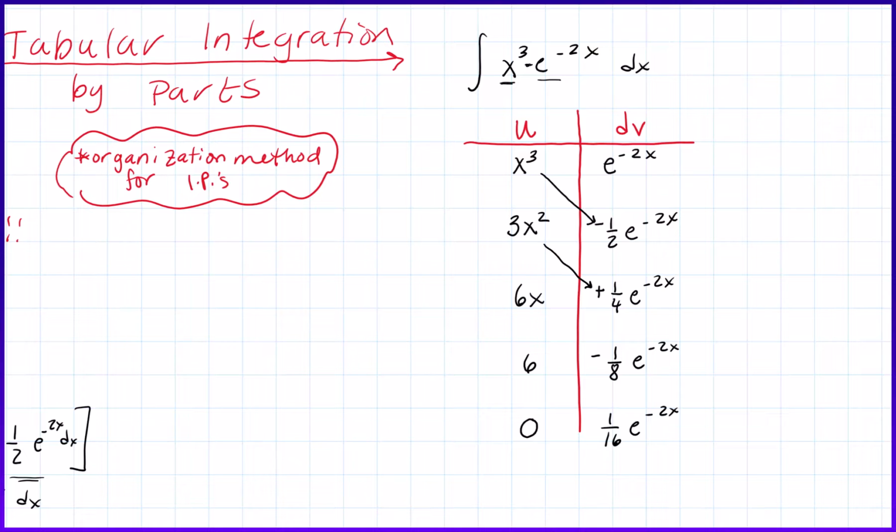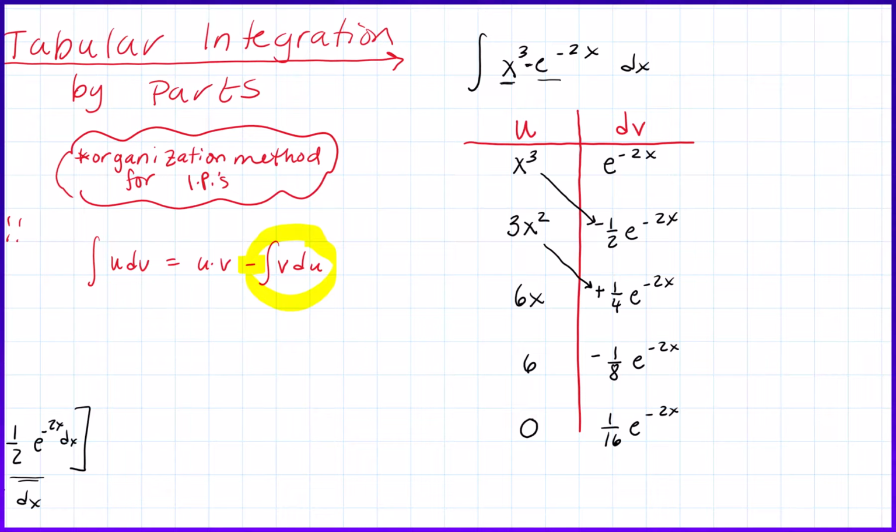But here's the thing. Remember in integration by parts, the integral of u dv equals u times v minus the integral of v du. On the second integral, we are subtracting the result. And so if we're subtracting another u times v, we have to account for that in our tabular integration.